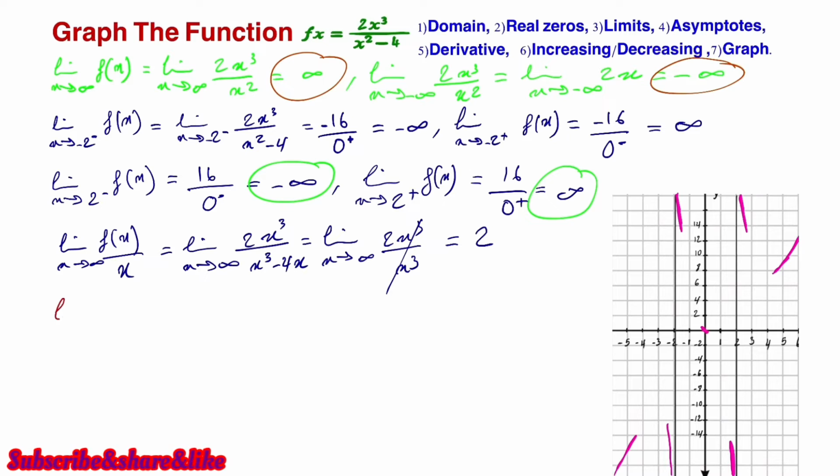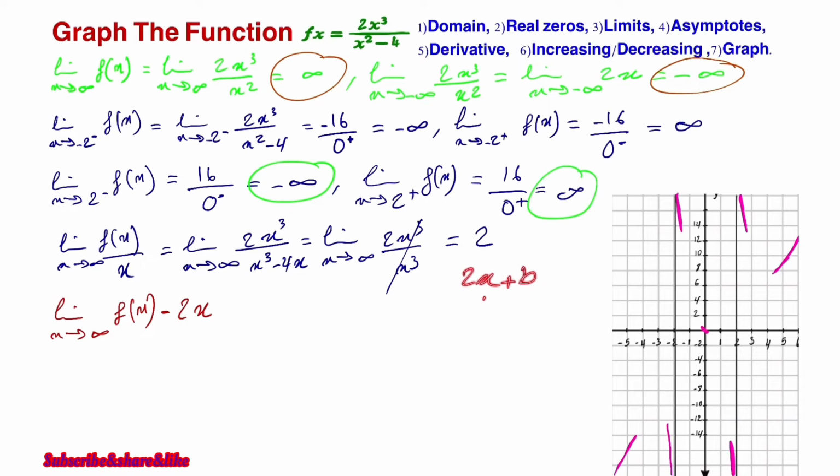The way to find b is we do the limit as x goes to infinity of f of x minus 2x. We found the slope and multiply it by x because we have 2x plus b, and then we subtract it, taking the limit of f of x minus this.